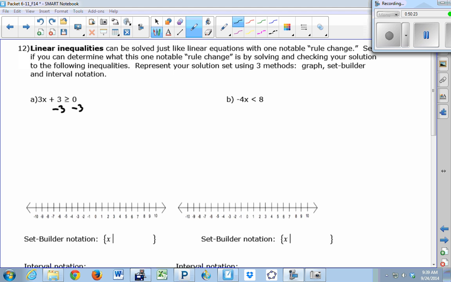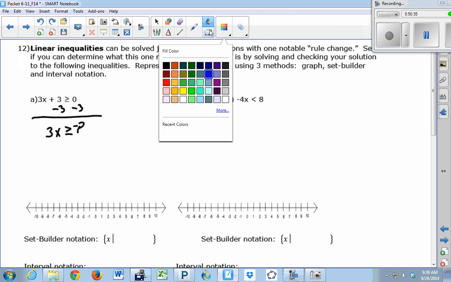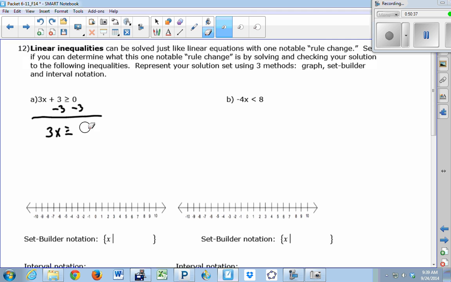Okay, Bree, what would that leave me with? -3. Yep, let me make that so I can read it. Okay, it's greater than or equal to -3, and then what would you do? Divide by 3.